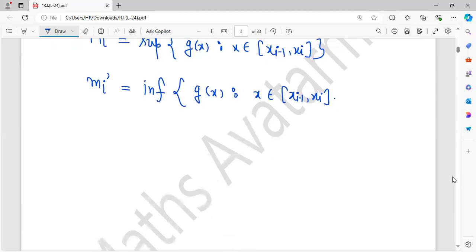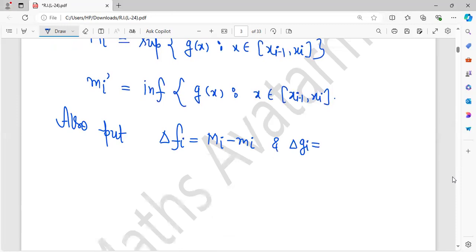Also put delta fi equal to capital Mi minus small mi, and delta gi equal to capital Mi dash minus small mi dash.